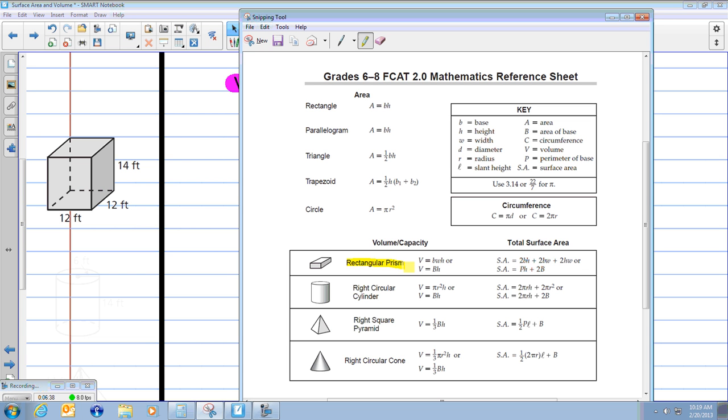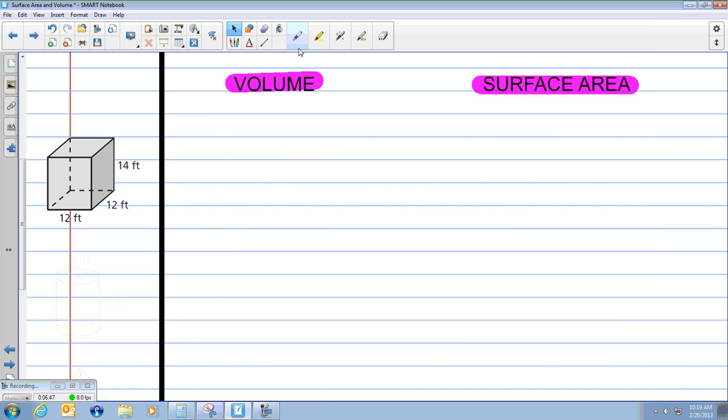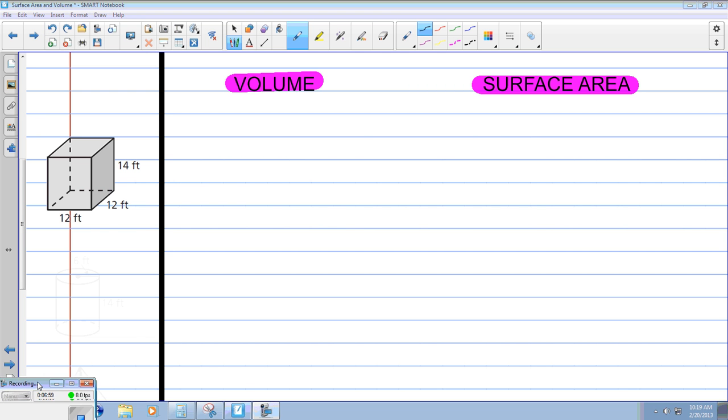So I'm going to come back in over here and let's label that. Let me change the size of my pen here. Hang on a second. Okay, that's better. So let's label this. This is a rectangular prism.